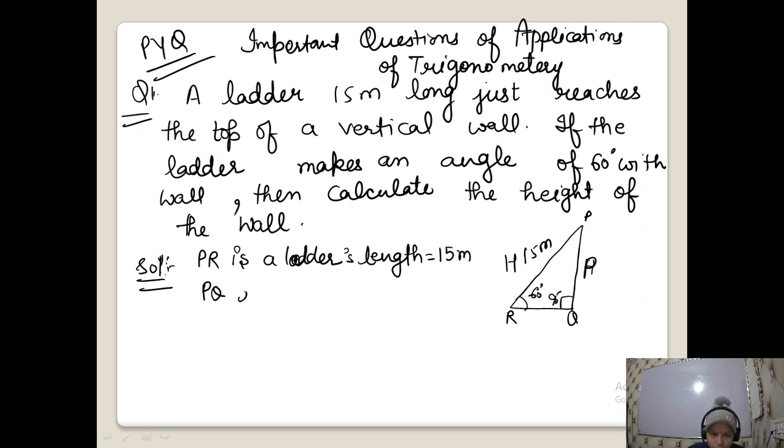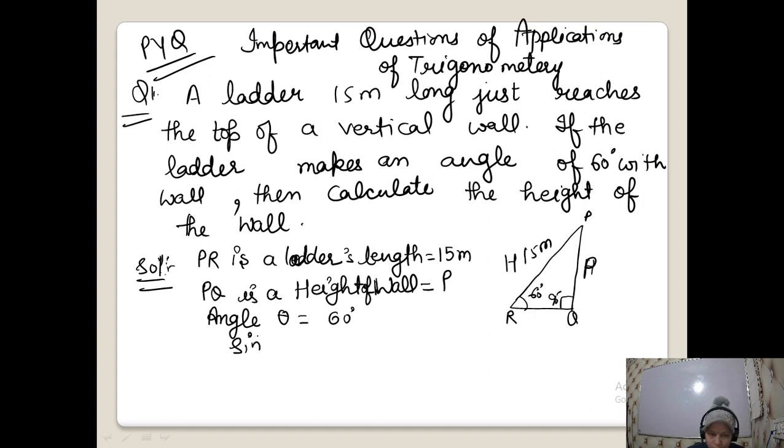PQ is the height of the wall, that we have to find out. We represent it by P. Now angle theta is equal to 60 degree.